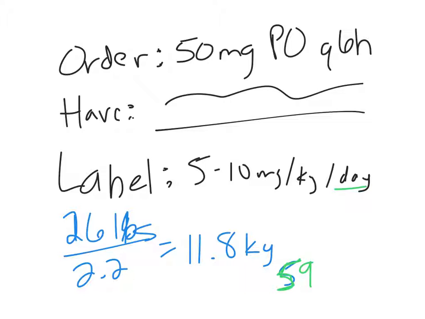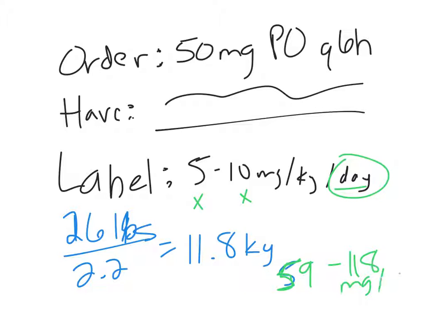On the high end, 11.8 times 10, remember we're multiplying by the 5 and the 10, is 118. So that means my patient can safely take 59 to 118 milligrams per day.